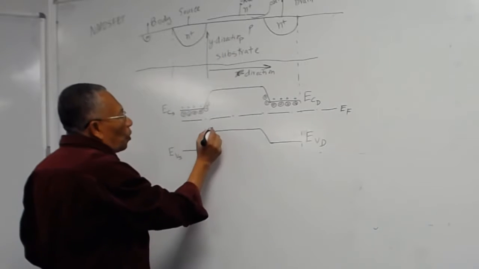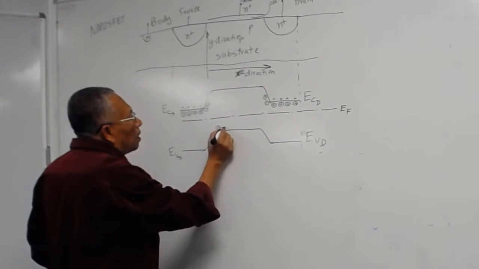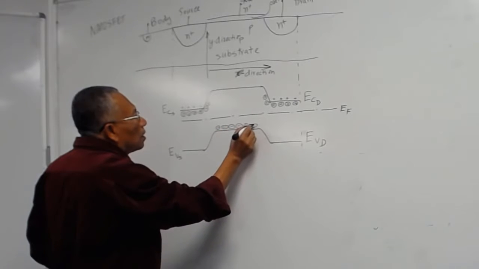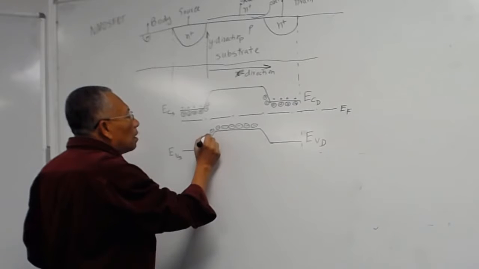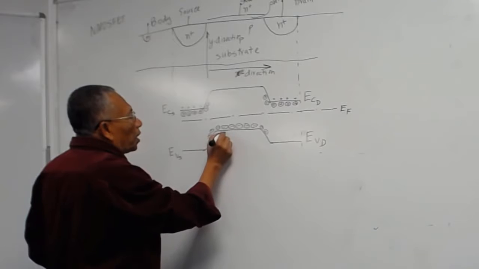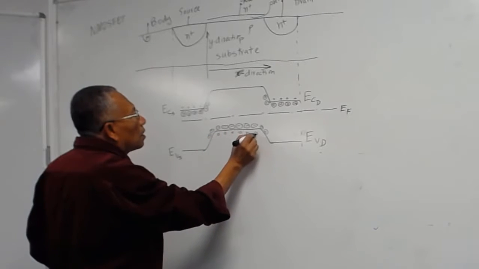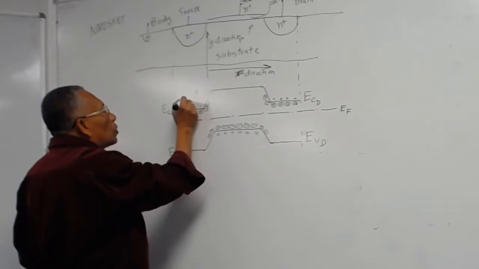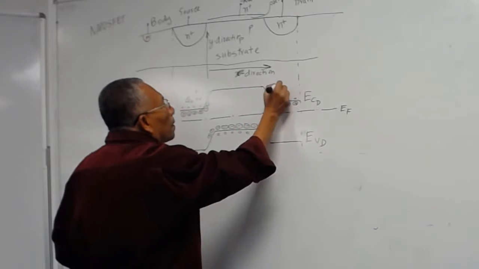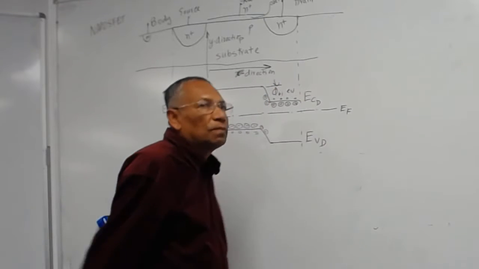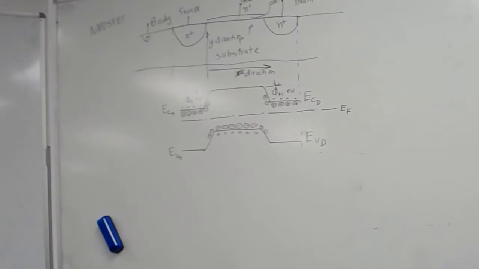For the P region, you can draw your negative charge here, and your corresponding holes here. Then you have your barrier here. Between here, you have phi built-in electron volts. Is it better? A bit better.